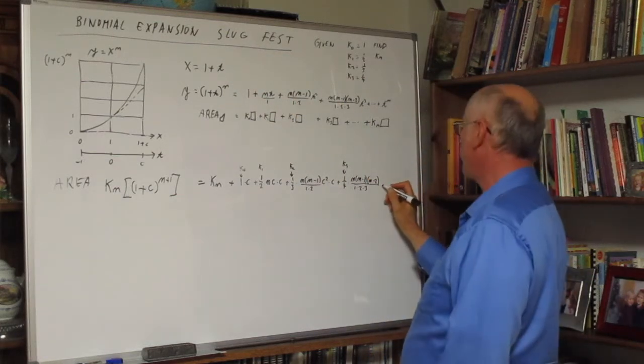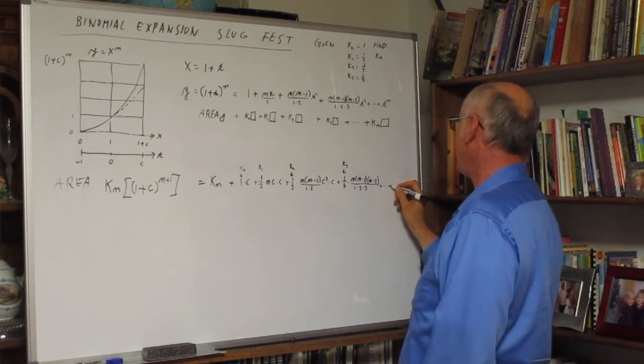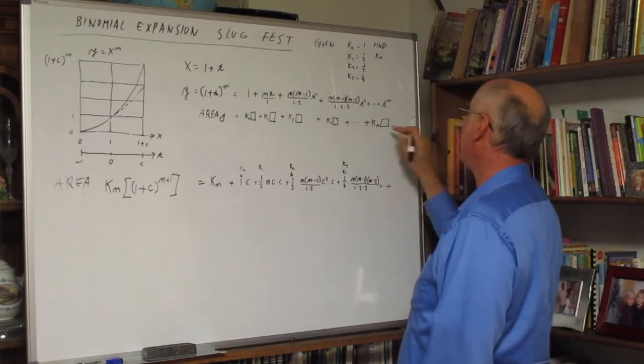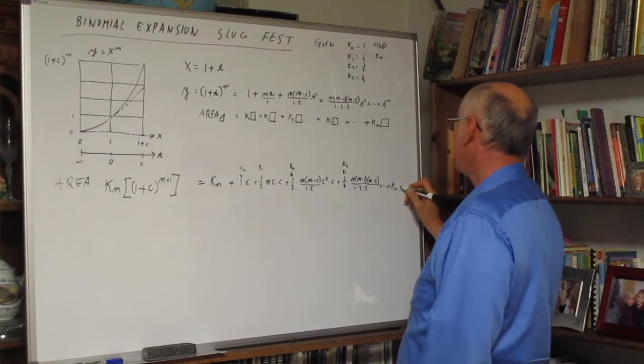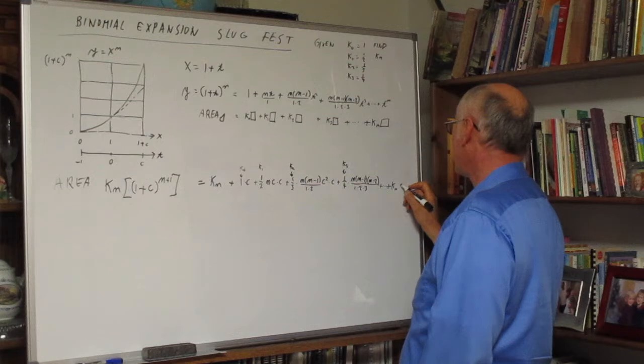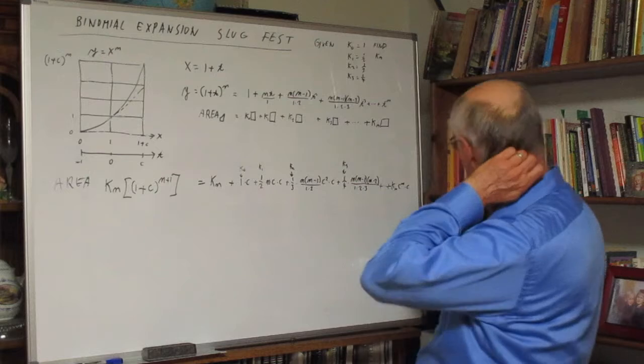Okay, plus a whole bunch of stuff, plus finally k sub n times c to the n times c. Whew.